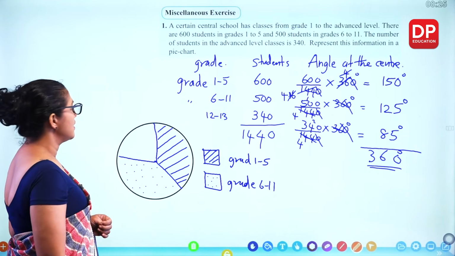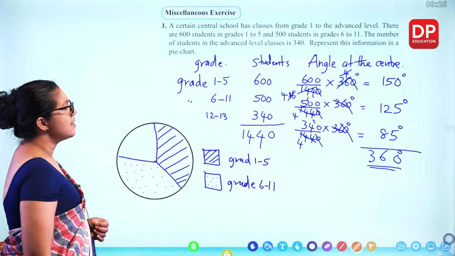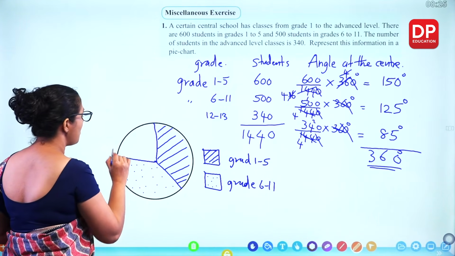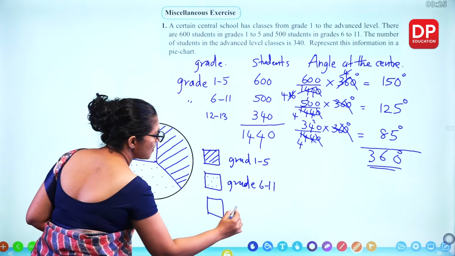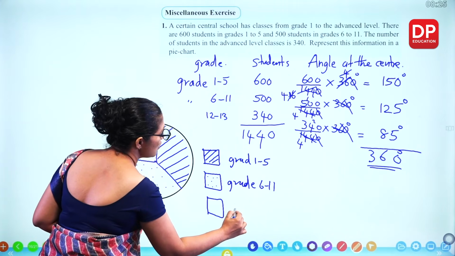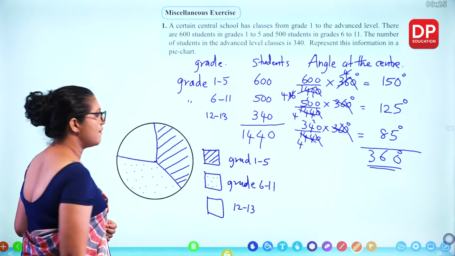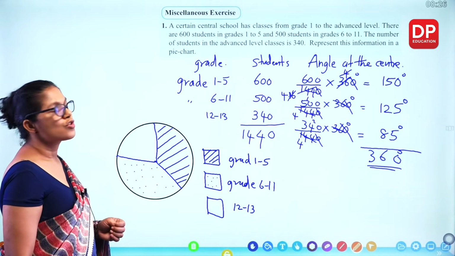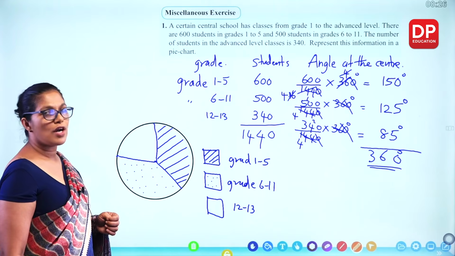The rest, 85 degree angle, represents A-level students. So I can keep that blank. So this becomes the grade 12 to 13 or A-level students. So this is how we can show on a pie chart.